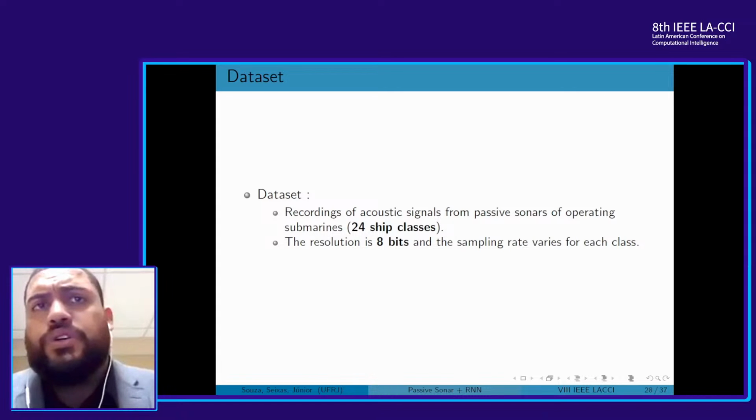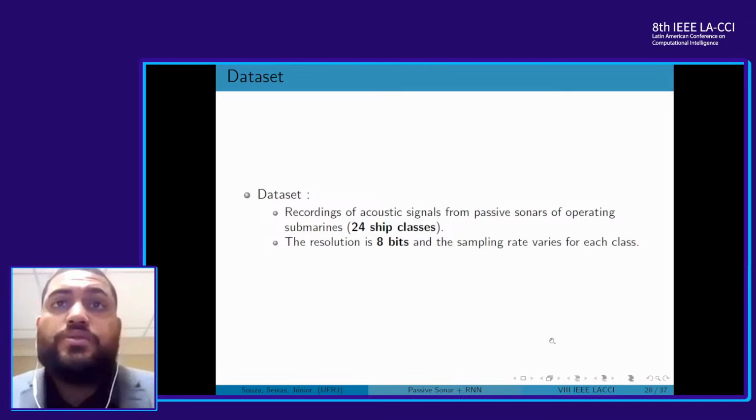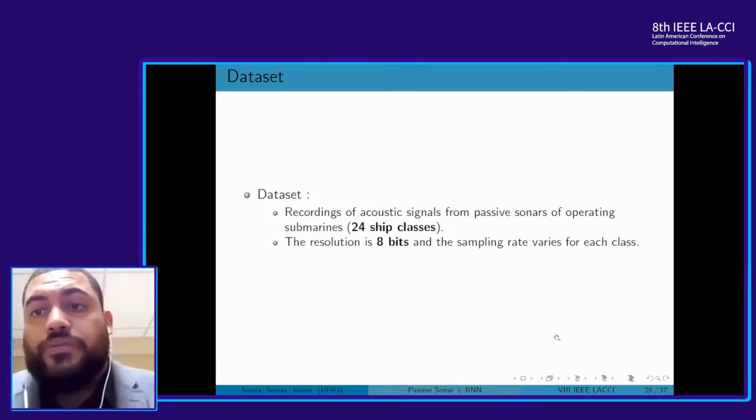The resolution used was 8 bits, and the sampling rate varies for each class because different platforms were used to record the data. Among our data we have 24 classes of vessels, and most of these records are civilian vessels that were trafficking in the Guanabara Bay in Rio.